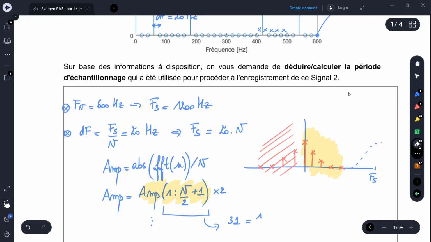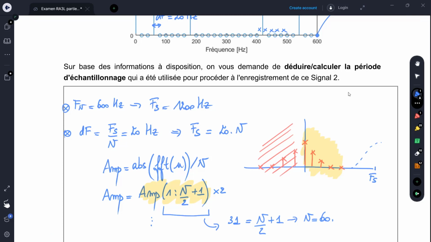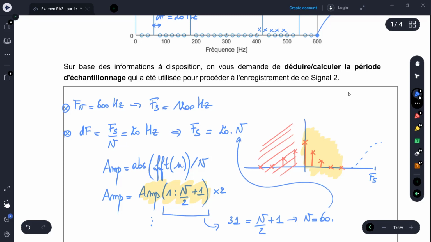Ça correspond à avoir n demi plus une information, ce qui va vouloir dire que n demi va être égal à 30 et que donc n va être égal à 60 éléments, 60 raies fréquentielles. C'est bien également le nombre de données temporelles qu'on avait à l'origine. Si je viens réinjecter le 60 là-dedans, je vais bien trouver que j'ai une fréquence d'échantillonnage de 1200 Hz.